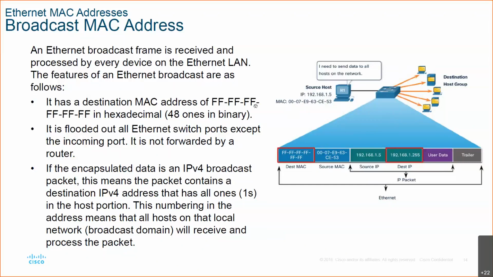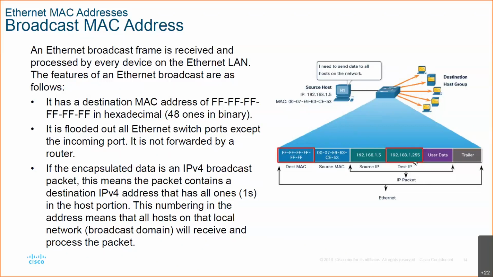And not only the MAC broadcast address, we also have the IP broadcast address. For example, if the subnet mask is 255.255.255.0, you know that the host portion is 8 bits. So the moment you see 255, you know that this is the broadcast address.